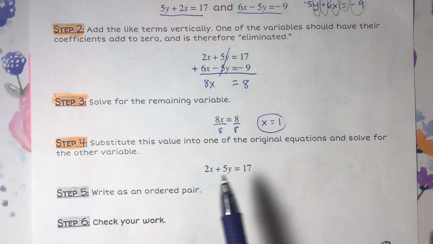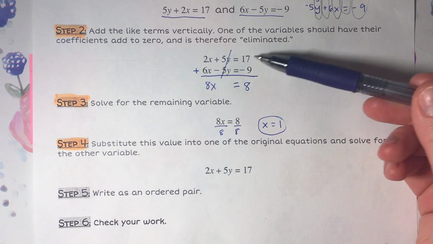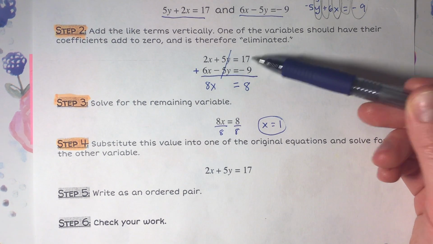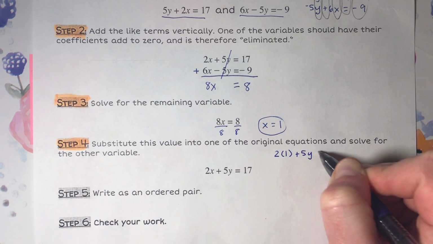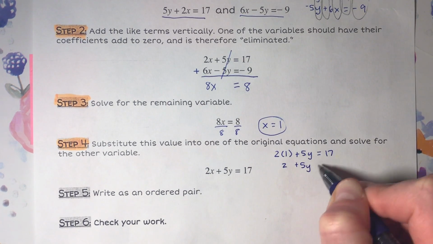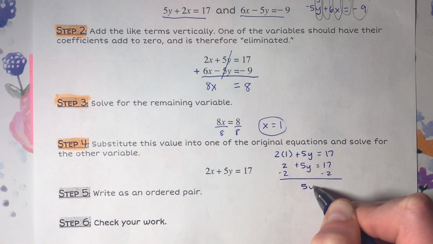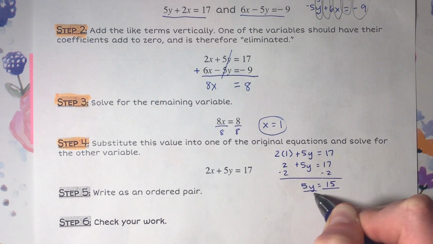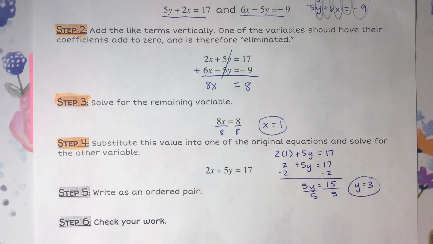I'm going to substitute it into this equation, the 2x plus 5y equals 17, which is this top one right here. So this is going to be 2 times 1 plus 5y is equal to 17. That's 2 plus 5y equals 17. Subtract 2 from both sides. 5y equals 15. Divide by 5 on both sides. y is equal to 3.